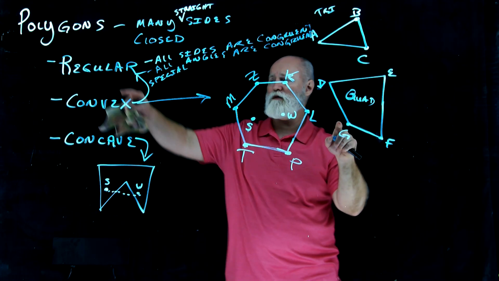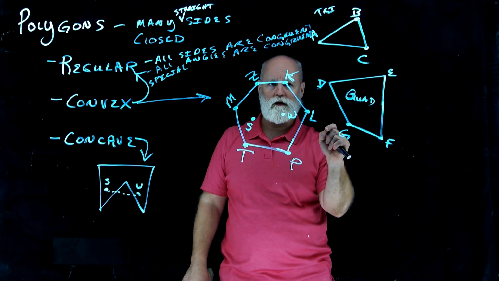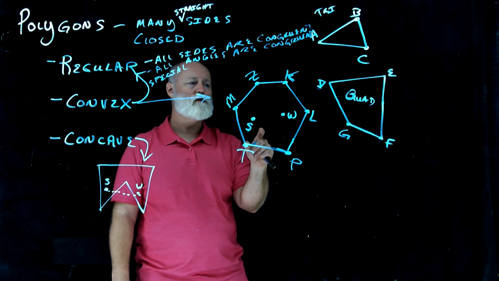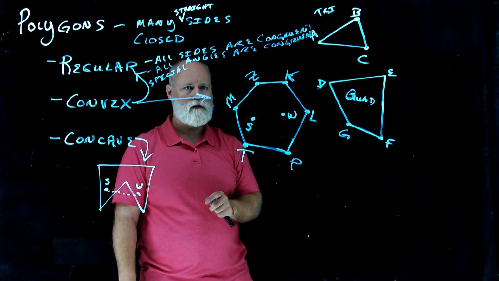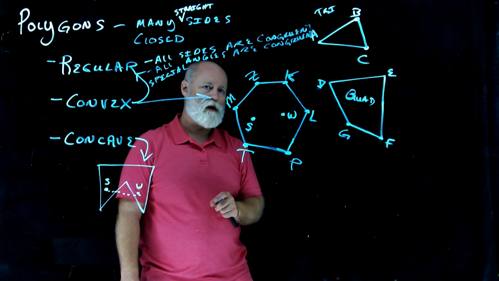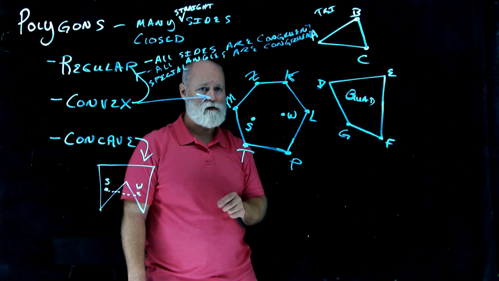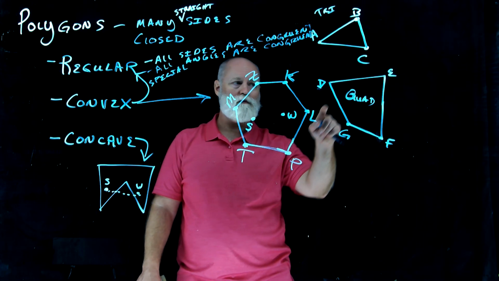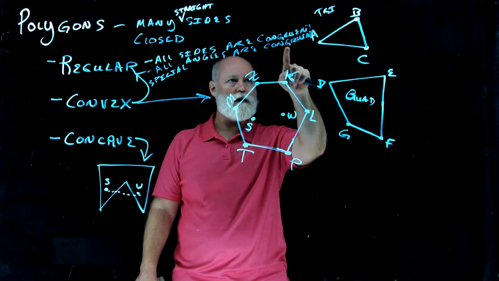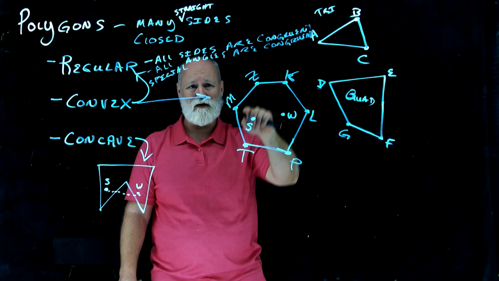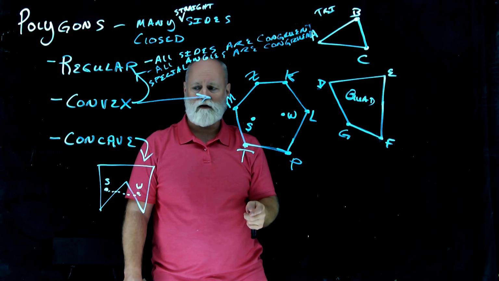A square is a regular quadrilateral because it is the meeting, if you will, of a rhombus, where all the sides are congruent, and a rectangle, which has all the angles congruent. A square means all angles and all sides are congruent, and by congruent we're saying the same size and the same shape. So that's the idea behind those pieces.